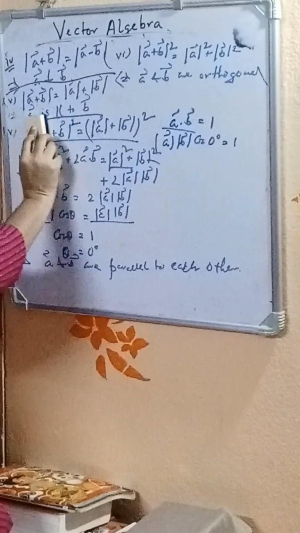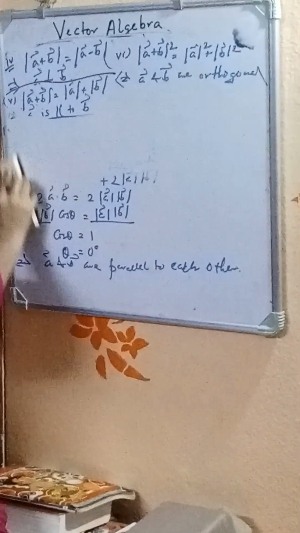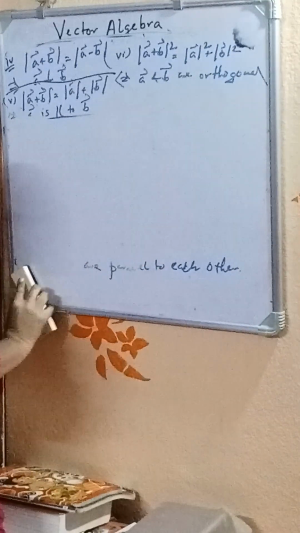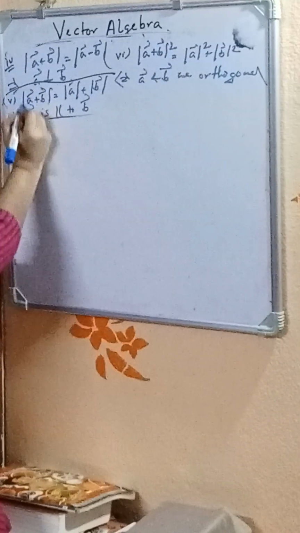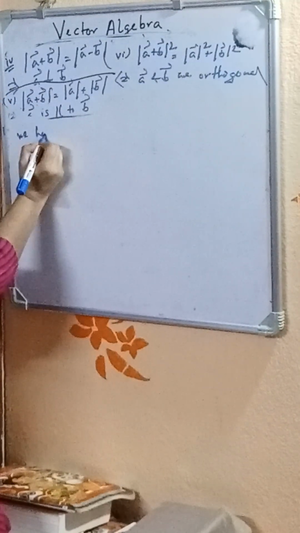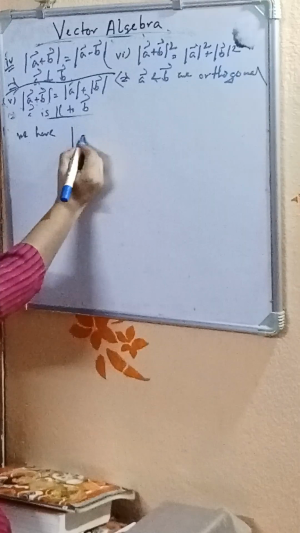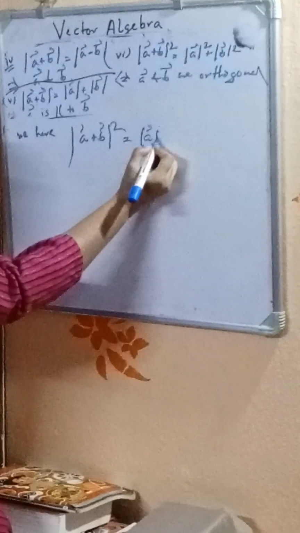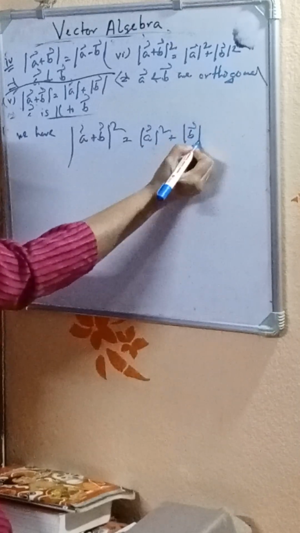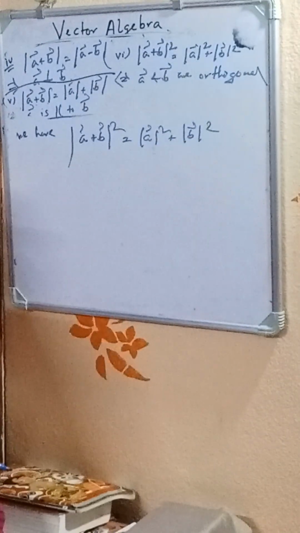Number 6. We have modulus of A vector plus B vector square equals modulus of A vector square plus modulus of B vector square. We have to prove that A vector and B vector are orthogonal.